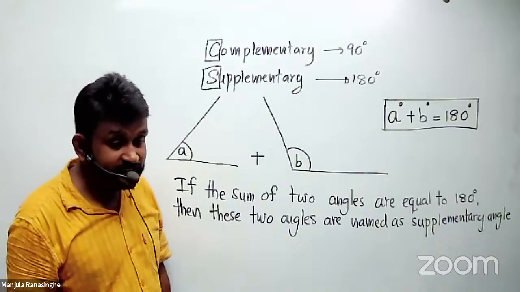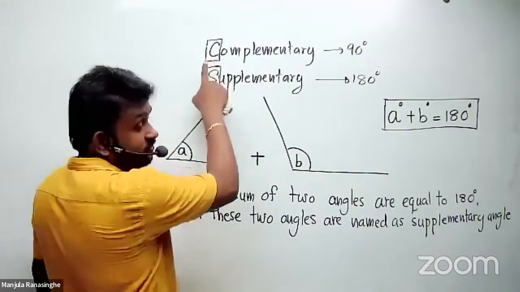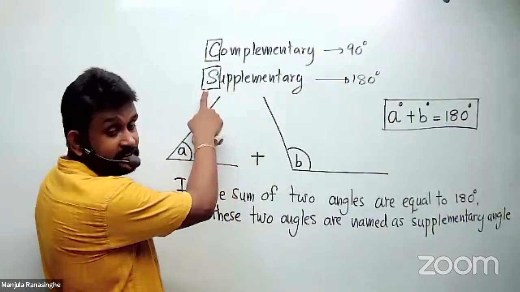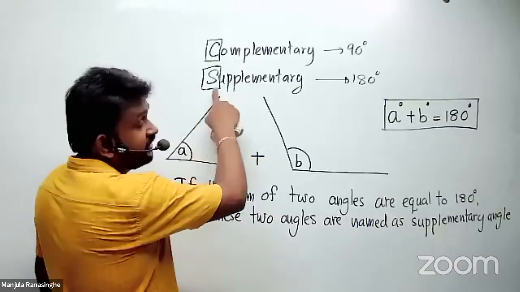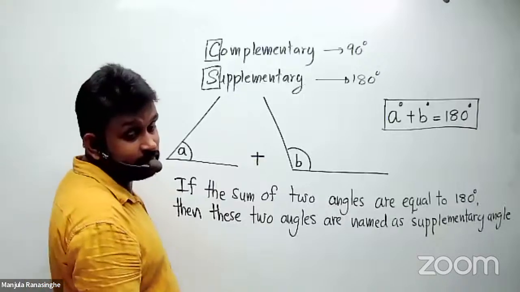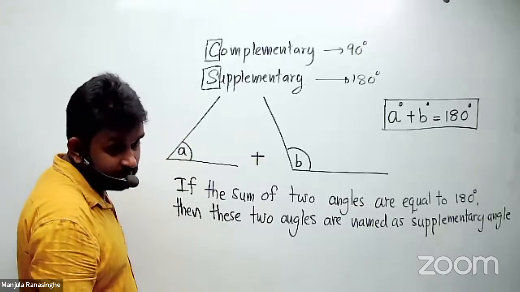Okay, පුතා. Got it? So complementary comes first, C comes first, then 90 degrees. Supplementary comes later in alphabet, then that gives the bigger value, 180 degree. Remember in that way, okay? Fine.